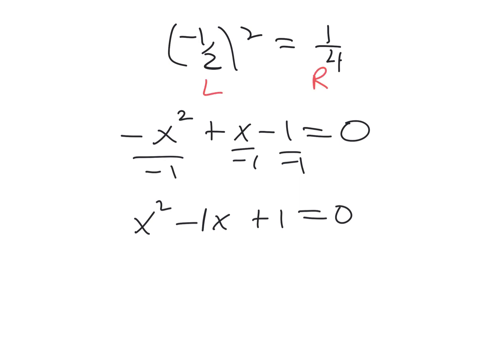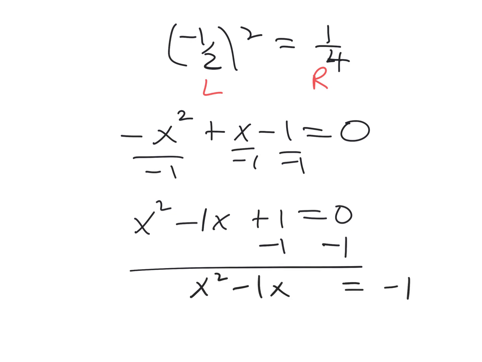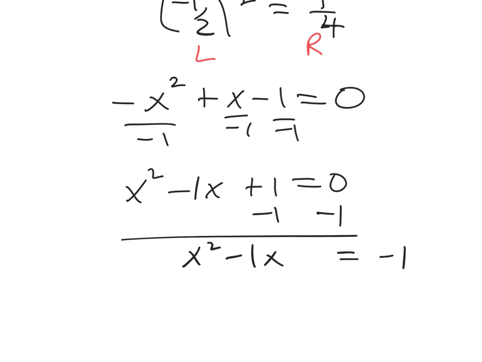To the left side, that's what I'm going to fill in there. So move my constant. X squared minus 1x, leave a blank space, equals negative 1. In here, I'm going to put the plus negative half squared, and over here plus 1/4.